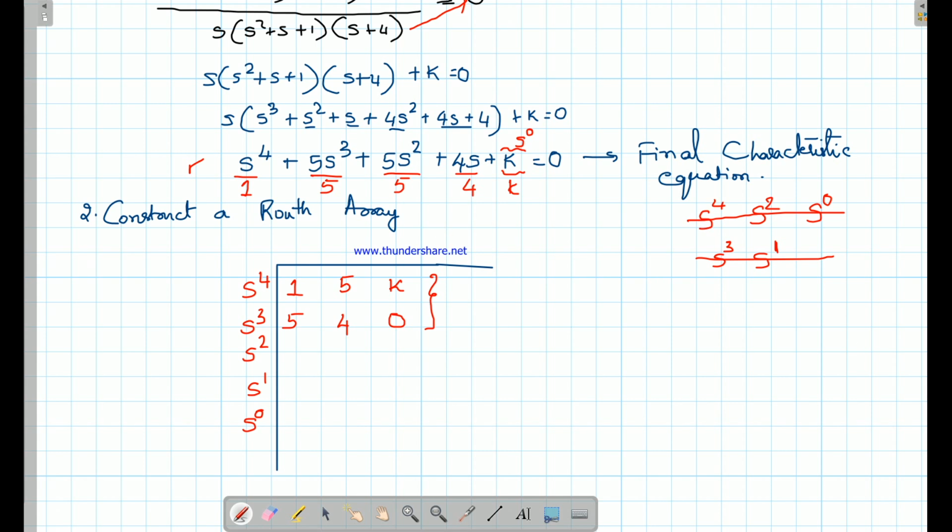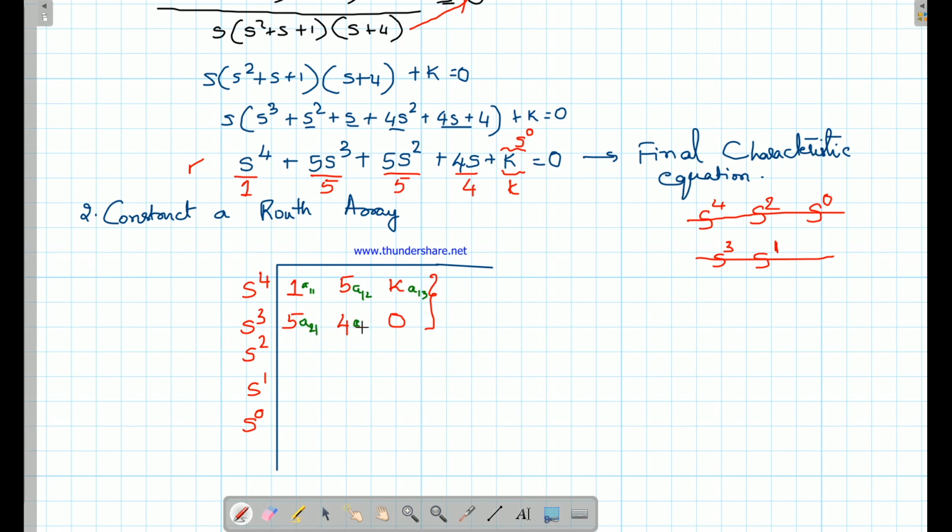Now think of the coefficients: the first coefficient is A11. Similarly, 5 would be the first row second column element, so A12. K would be the first row third column element, so I will consider that as A13. Similarly, this 5 I will consider as the second row first column element, A21.